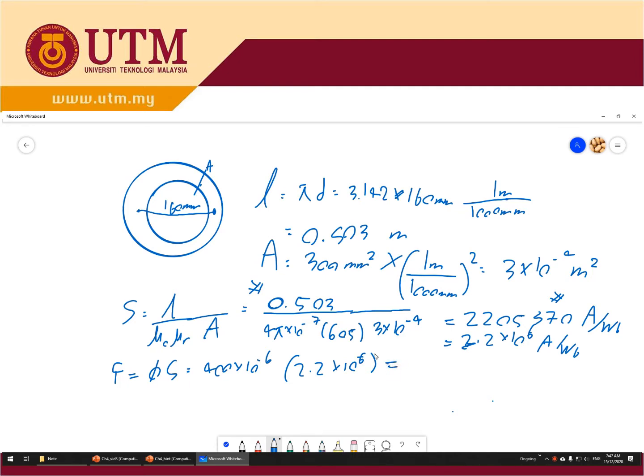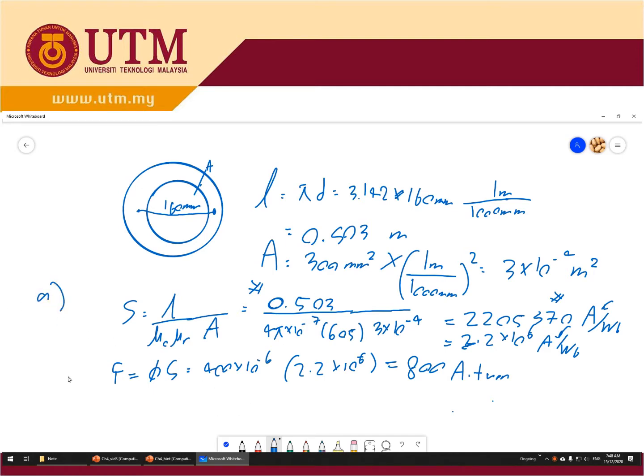Using your calculator, you get 800 ampere. Sometimes we use ampere-turn. Magnetomotive force can be ampere or ampere-turn. You get the first question.